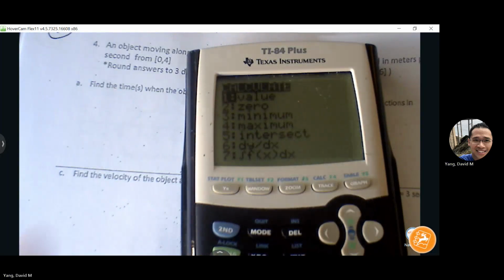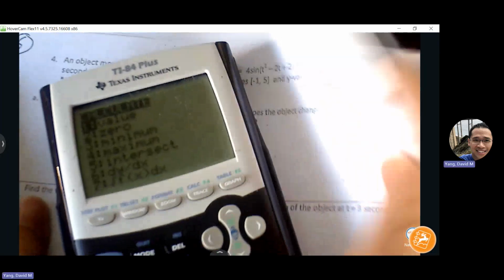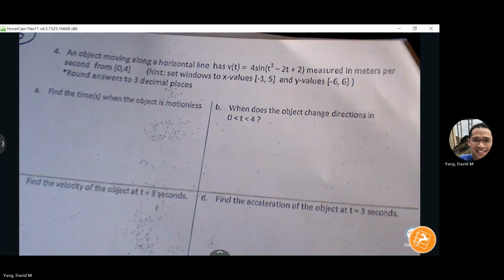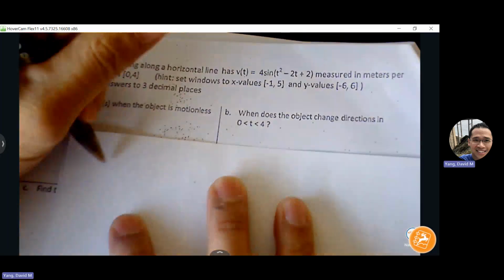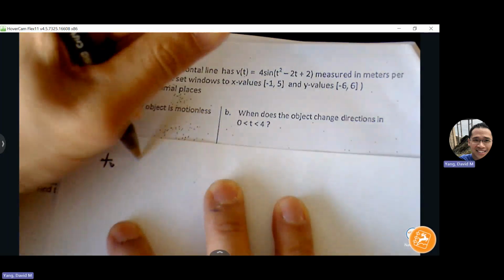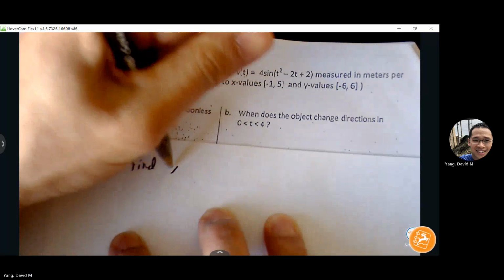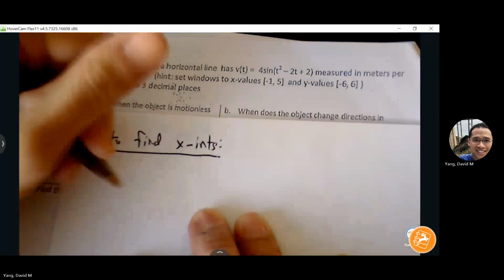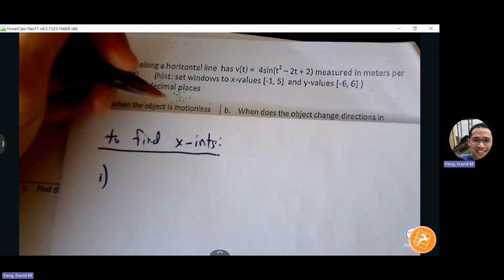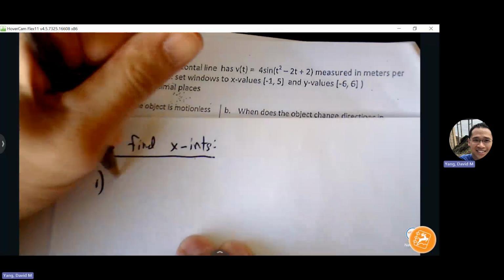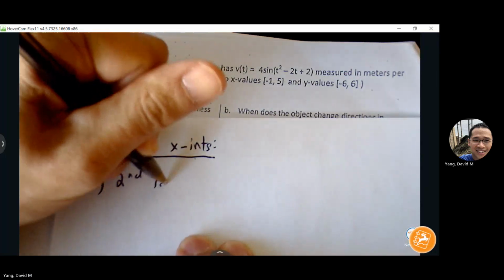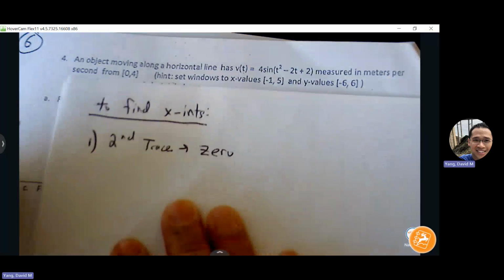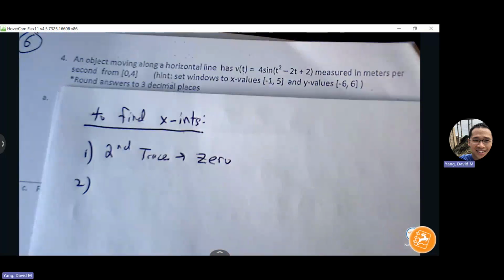Let me write these instructions down: find x-intercepts on the graph. First, go to second trace and select zero.